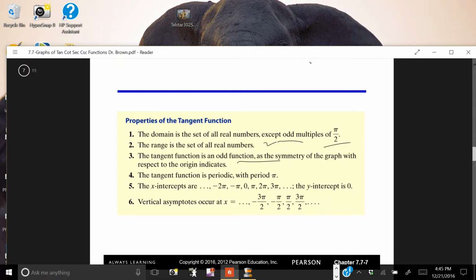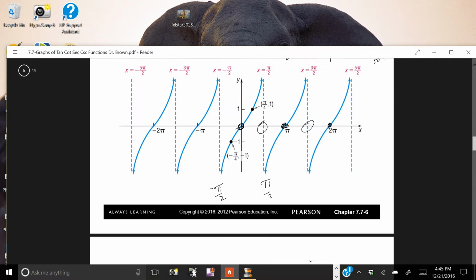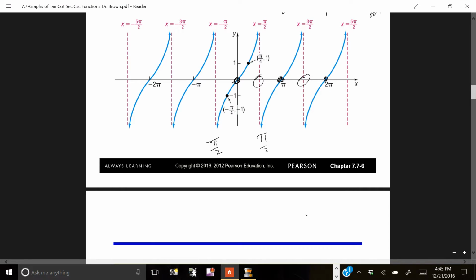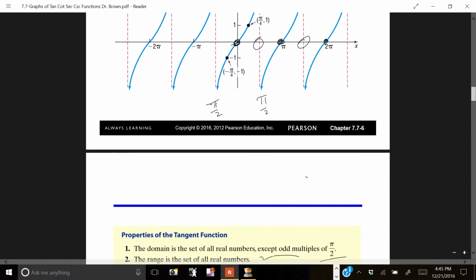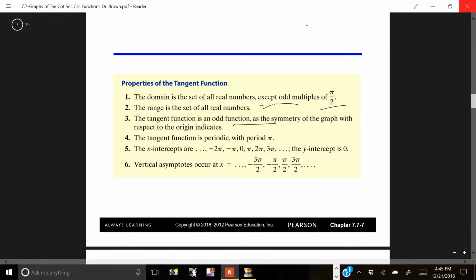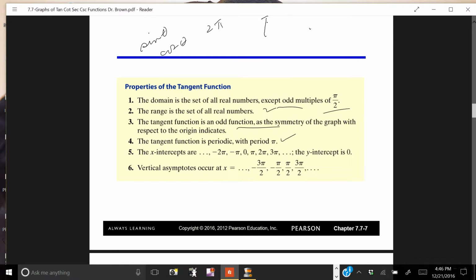That is, what you see on the right is the negative of what you see on the left. The tangent function is periodic with period of pi. So recall that sine of theta and cosine of theta had periods of 2 pi. Tangent of theta will have a period of just pi.